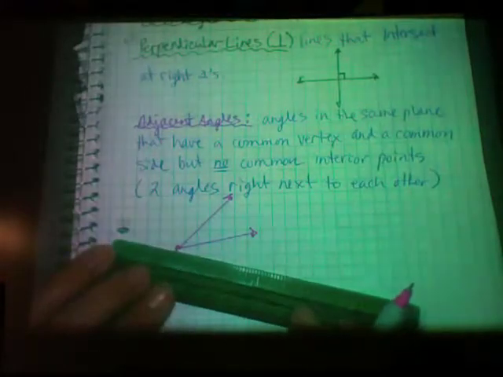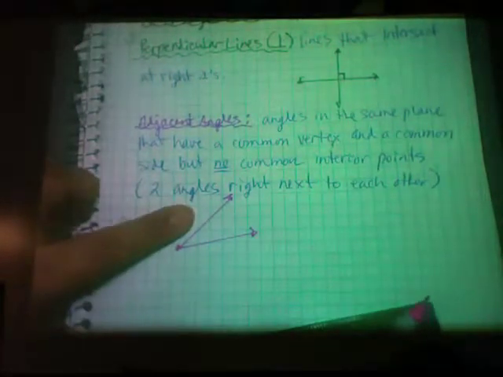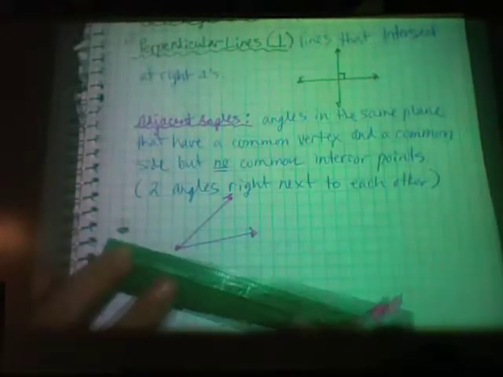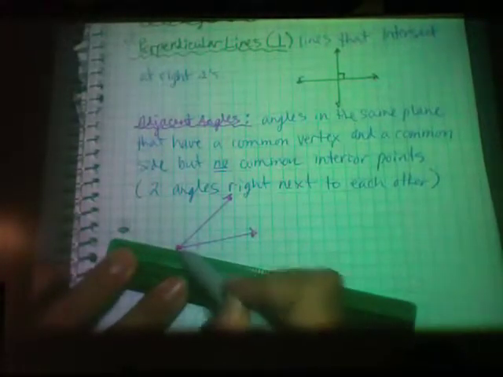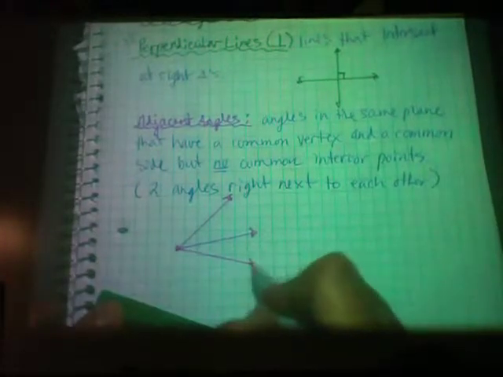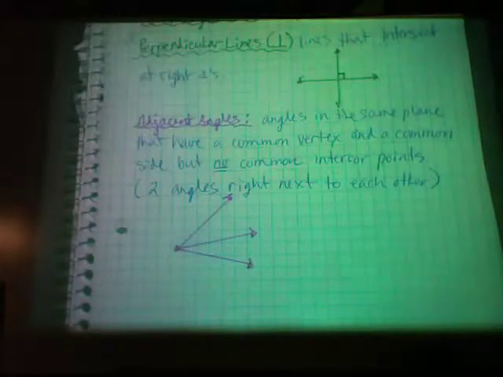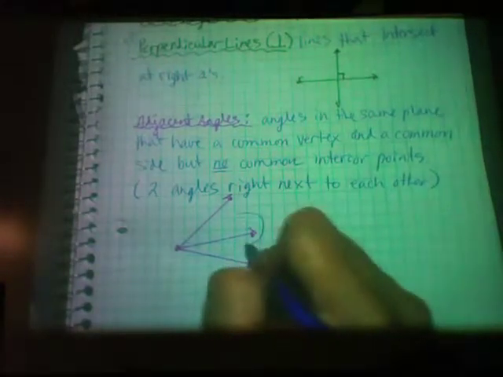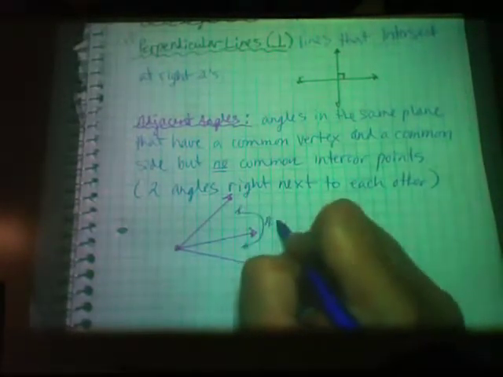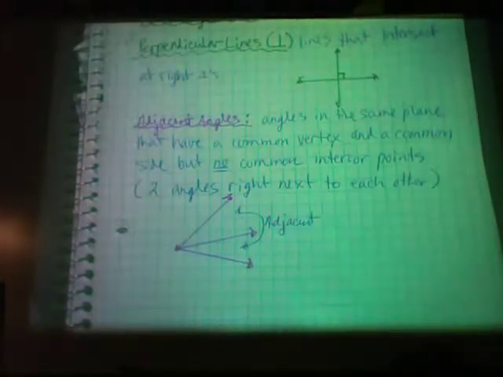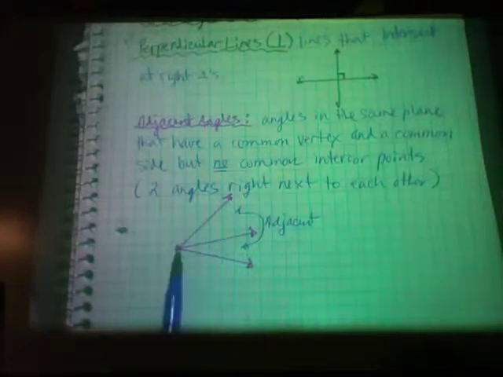So I'm going to draw another angle, because I could draw an angle up here, right? Or I could draw an angle down here. It doesn't matter where you draw the second angle, so long as they share a side. So I choose to draw that angle there. So these two angles here are adjacent. They're next to each other. They share a vertex and a side.